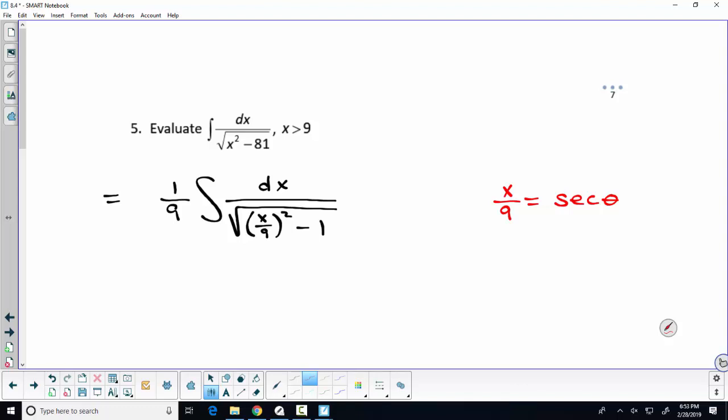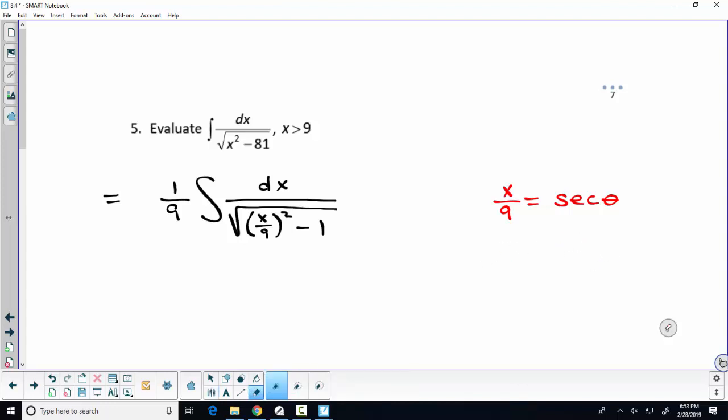That gives x equals 9 secant. That's where you would start off if you're from your textbook. Your textbook would say that your substitution is x equals 9 secant theta.